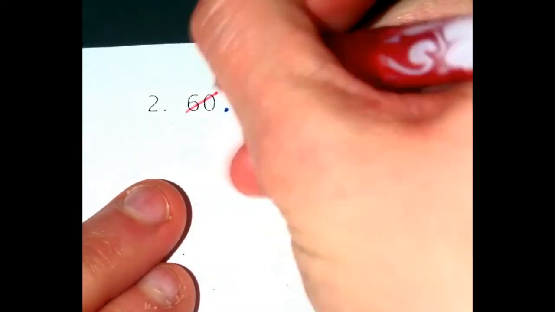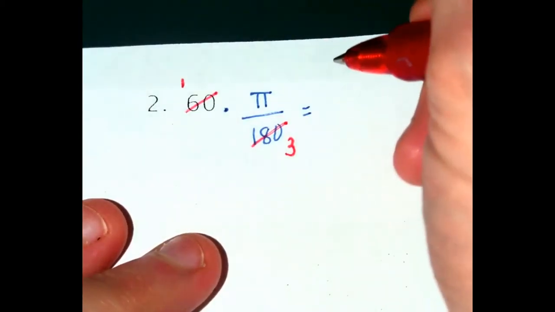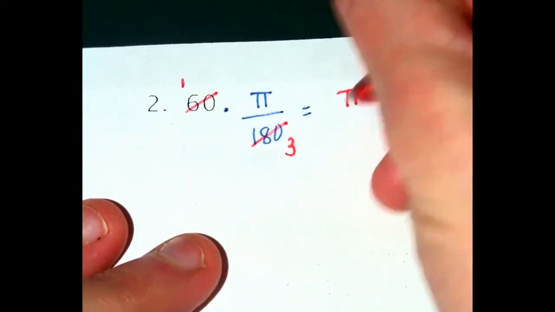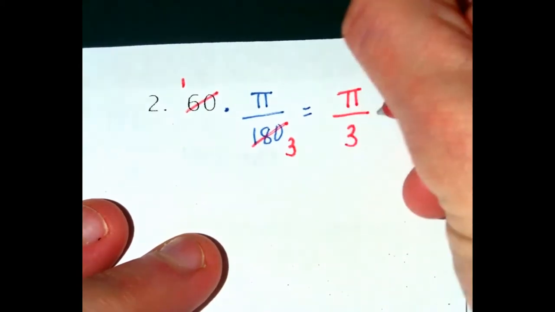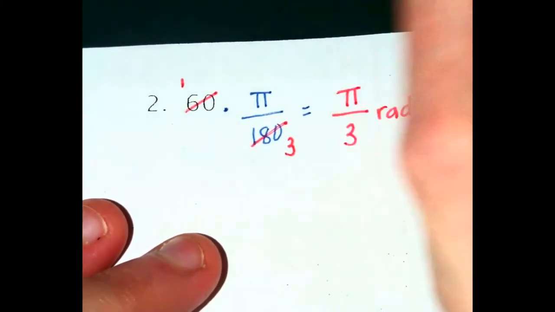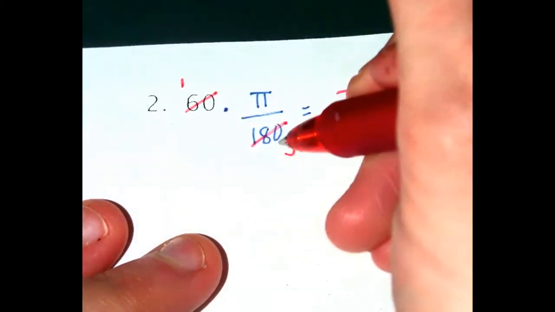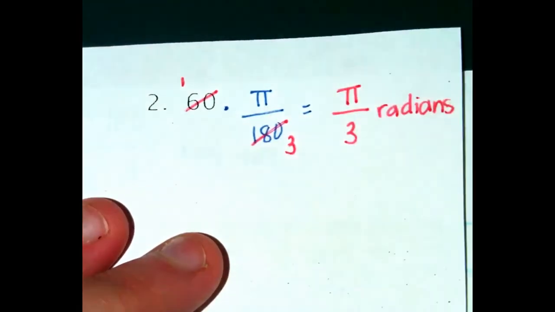So this becomes a 1 and a 3. What is 1 times pi over 3? If you can't reduce fractions in your head, you could do 60 divided by 180. You'll get a decimal, press math, enter, enter. It'll reduce it for you.